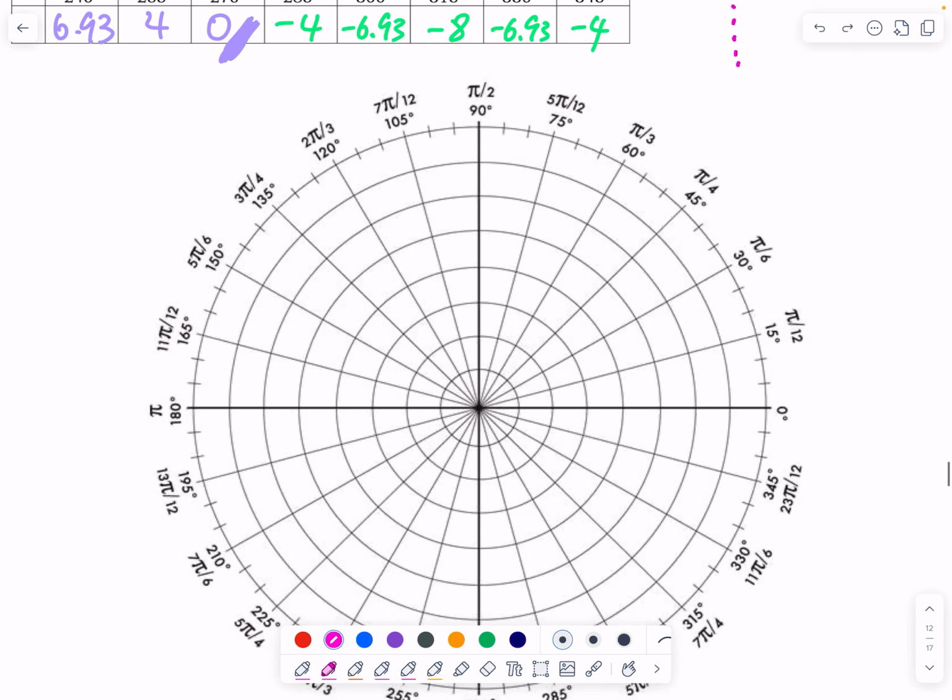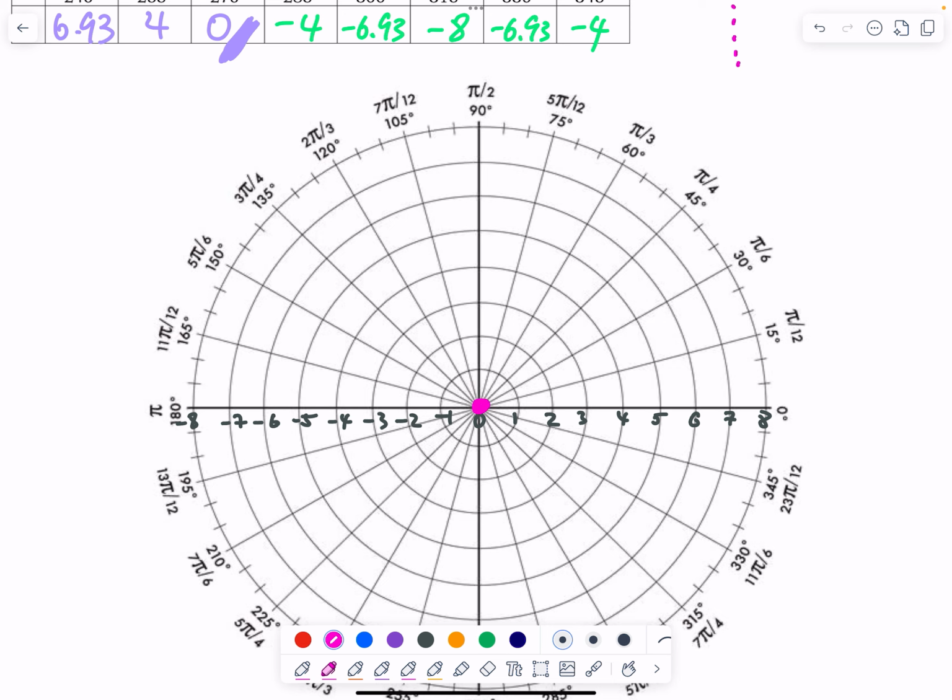Okay, the first point is 0, 0. That is right at the origin or the pole.